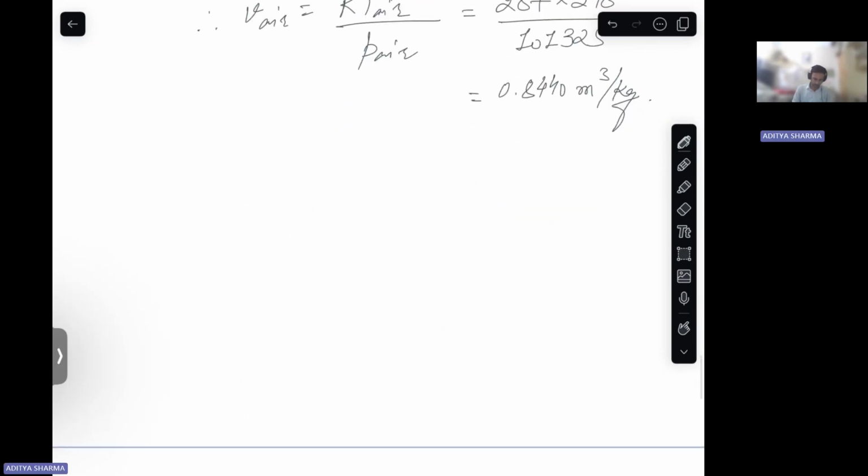So first step is, for mass flow rate of air, we will find the total rate of air required, right?